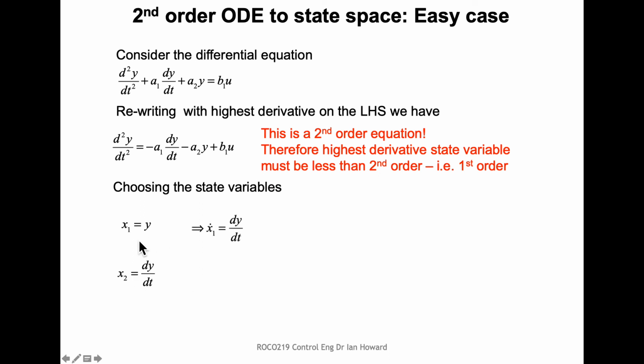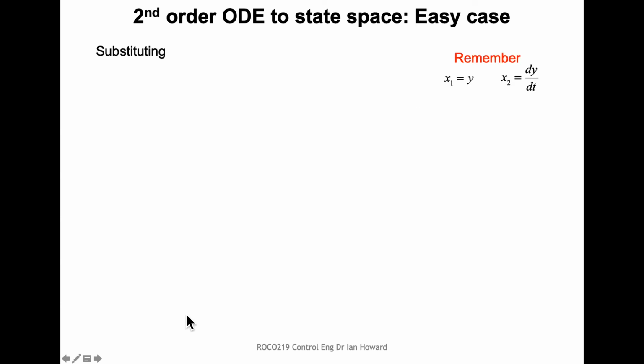If we differentiate x1, x1 dot, we get dy dt. So we immediately see that x1 dot equals x2. First state equation. Then we differentiate x2, we get x2 dot, which equals d squared y dt squared. So we can now substitute these into the equation.